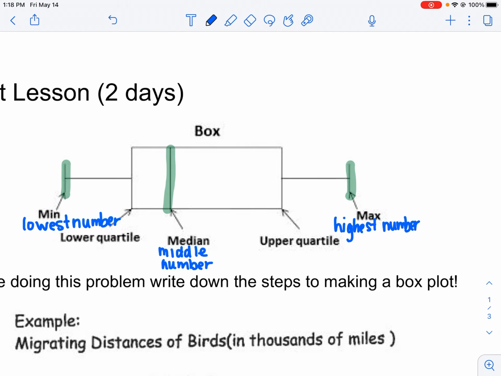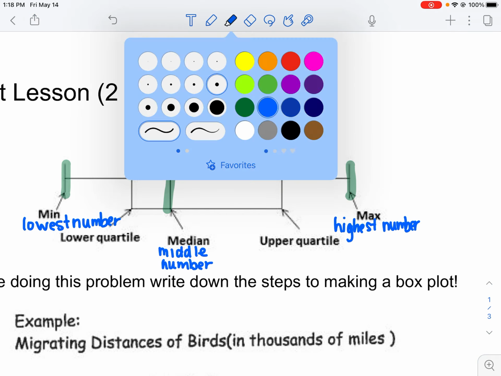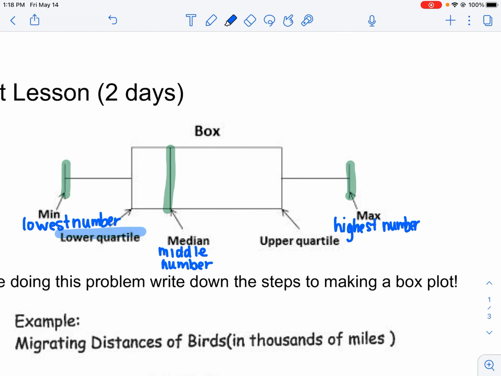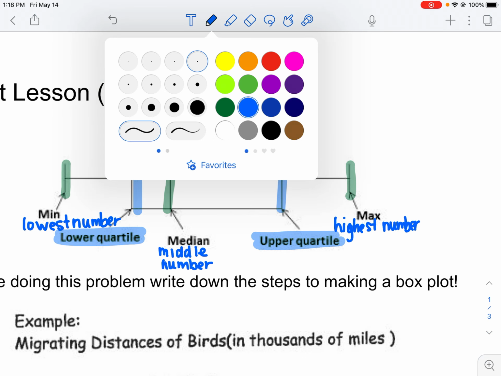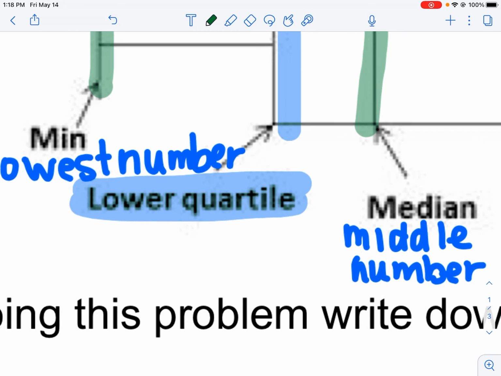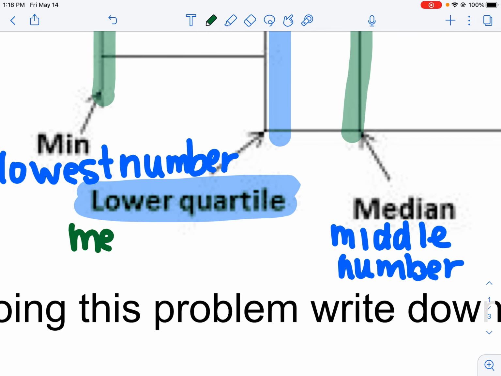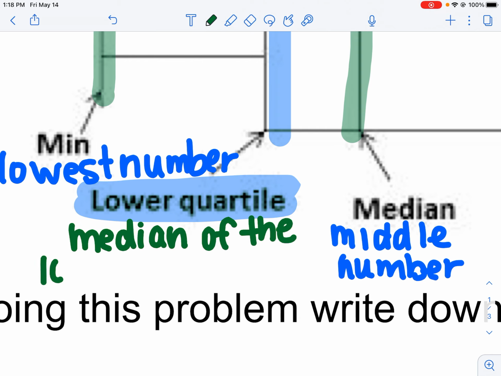Now let's talk about the 2 that might seem unfamiliar to you. And that would be the lower quartile and the upper quartile. With the lower quartile, you are actually going to find the median again, but this time of just the lower half of your data.